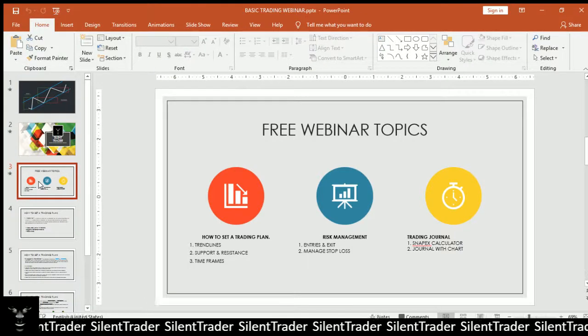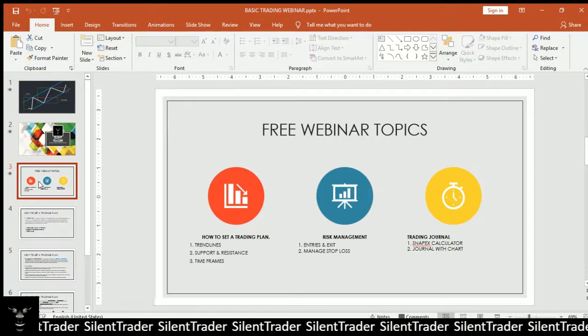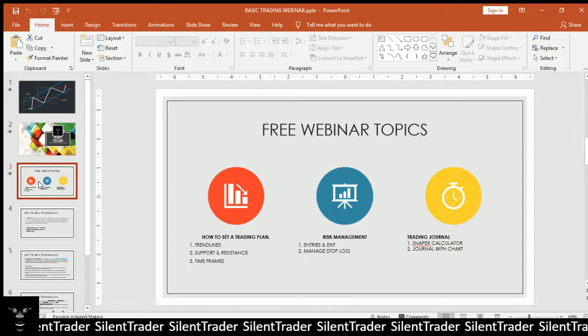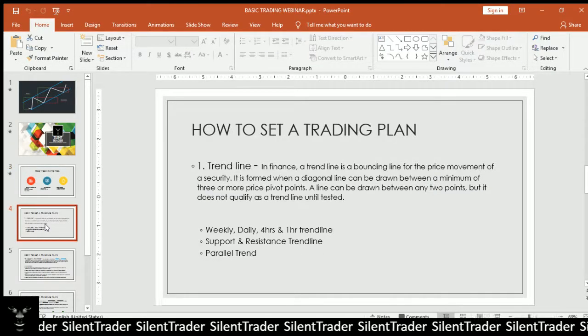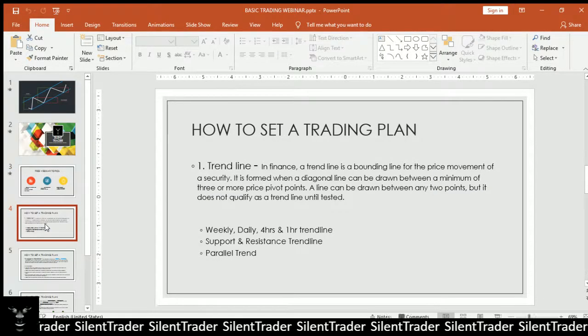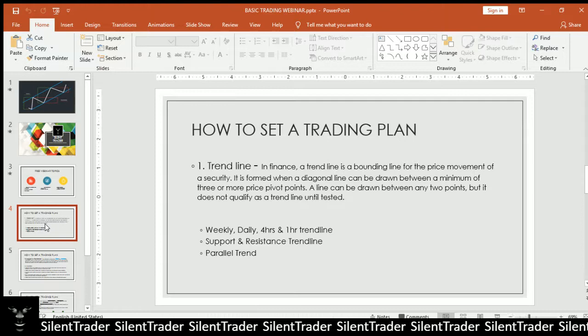That's our first topic. Number 2 is risk management. Number 3 is the trading journal. In part 1, how to set a trading plan, first is the trend line. In finance, a trend line is a bounding line for the price movement of a security.